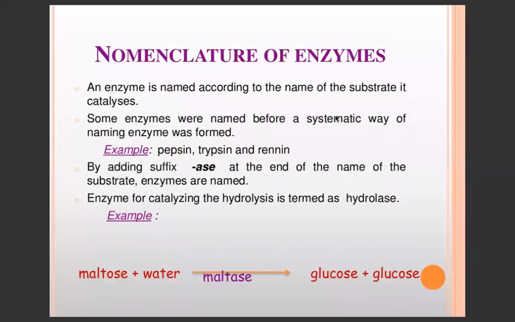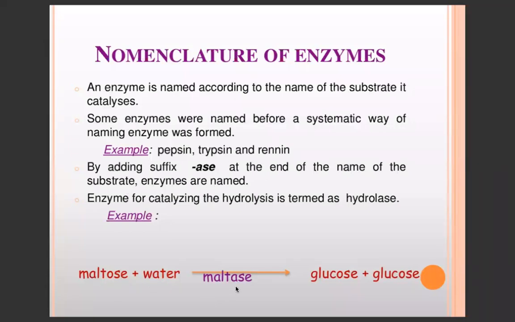Nomenclature of enzymes. An enzyme is named according to the name of the substrate it catalyzes. For example, pepsin, trypsin, and renin. By adding the suffix -ase at the end of the name of the substrate, enzymes are named. Maltose, at the -ose place we add -ase.